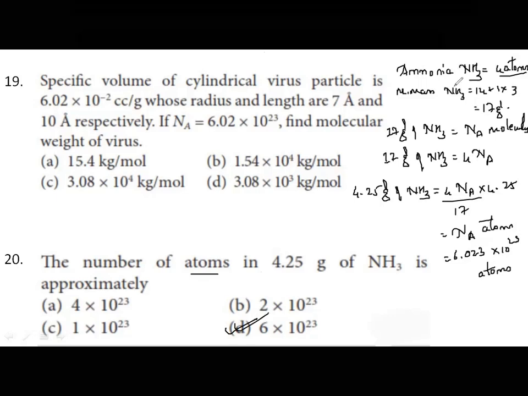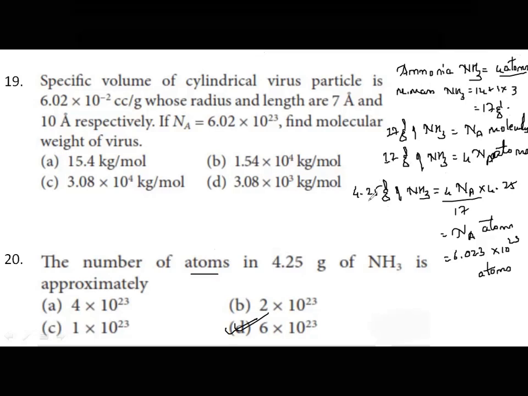Understood? So for ammonia, if they would have said molecules, you would not use this number 4. They have said atoms. So ammonia is NH3, molecular mass we know is 17. But ammonia has 4 atoms. 17 grams of NH3 will have Avogadro number of molecules. But I want atoms. So how can I write? 17 grams of NH3 will have 4 into Avogadro number of atoms.